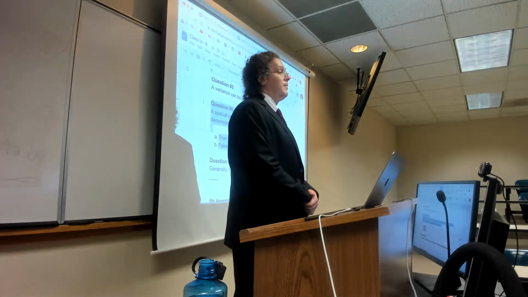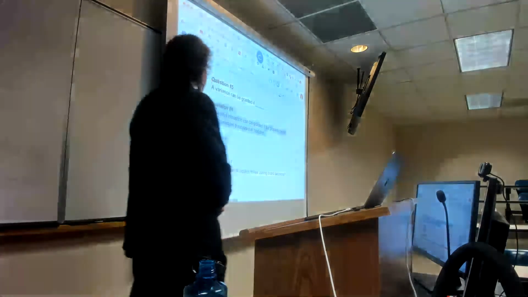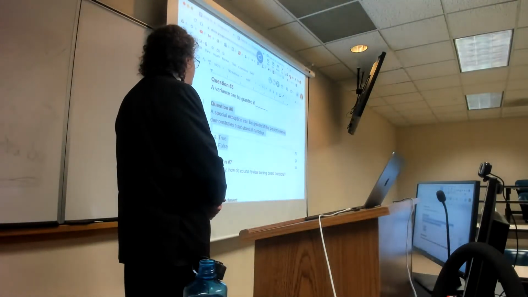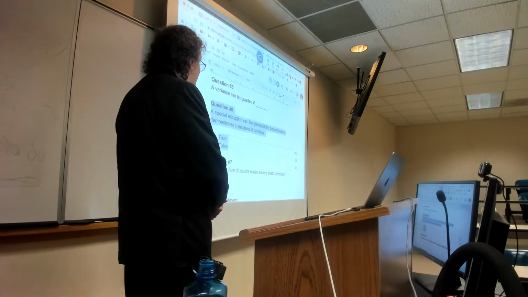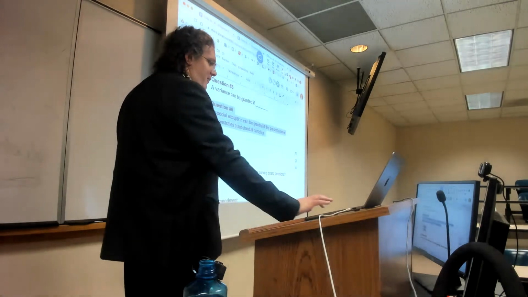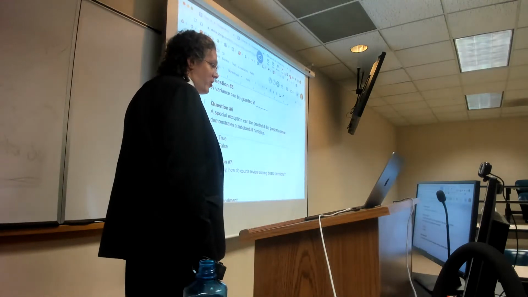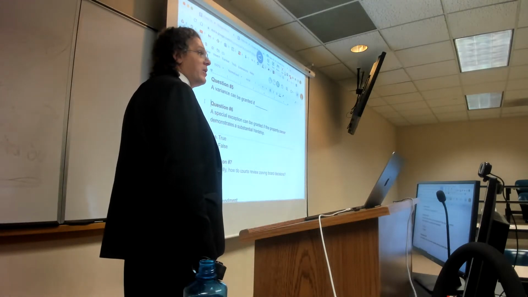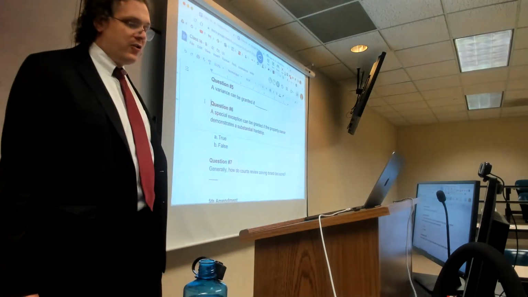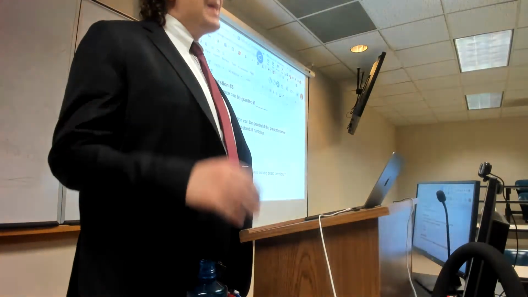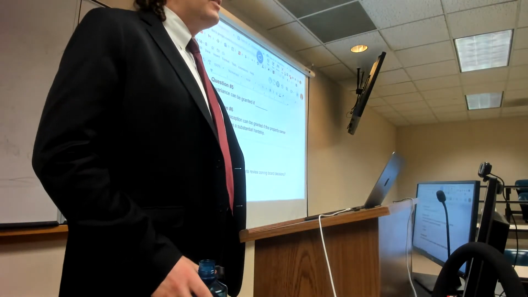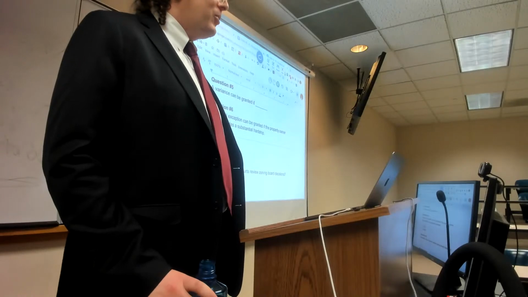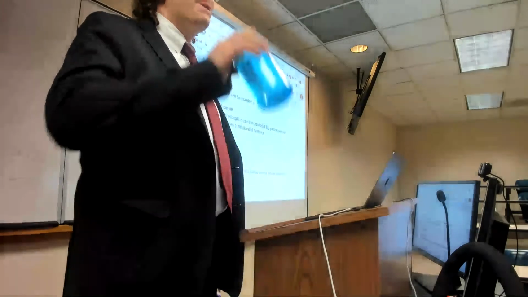No, this one's false. So question 6, a special exception can be granted if the property owner demonstrates substantial hardship. That's false, right? If one of the check boxes is there a substantial hardship, that's ultra vires. You cannot delegate that power for a special exception. You can have the exact same prong for variance, but you can't have it for special exception. It's almost the exact opposite of what you'd expect.